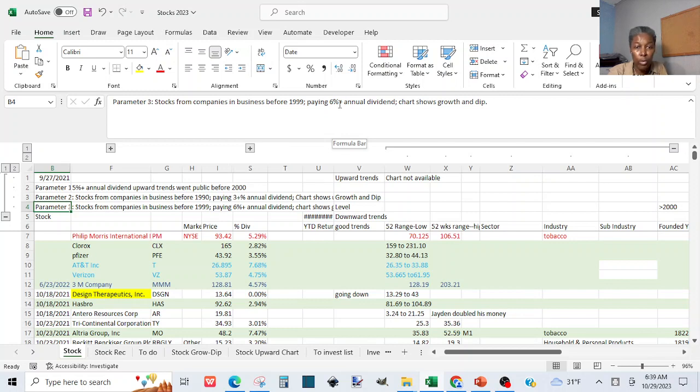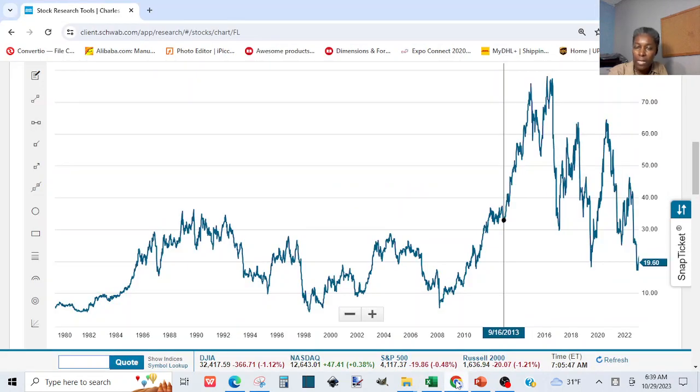But you want to invest in those, invest in 5% and up, invest in 4% and up, and invest in 3% and up, pretty much. And then use the growth and dip chart to narrow down the high paying dividend yield, dividend stocks that have been around before 1999, and to invest in those as well.